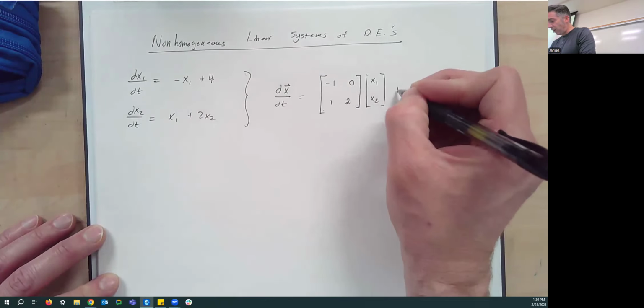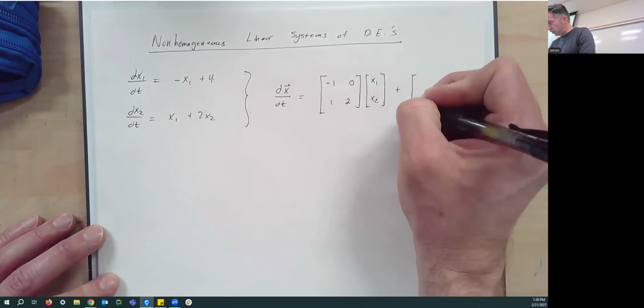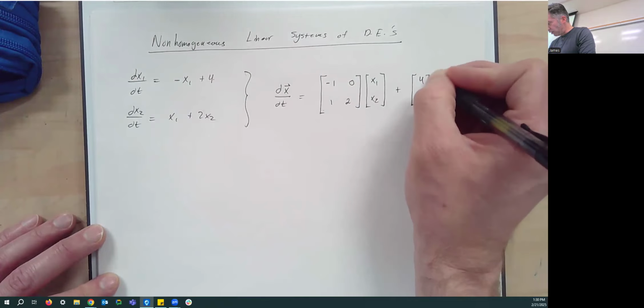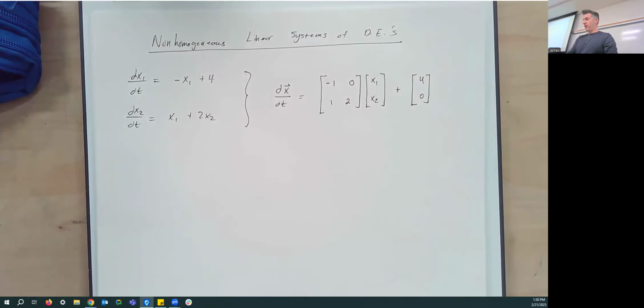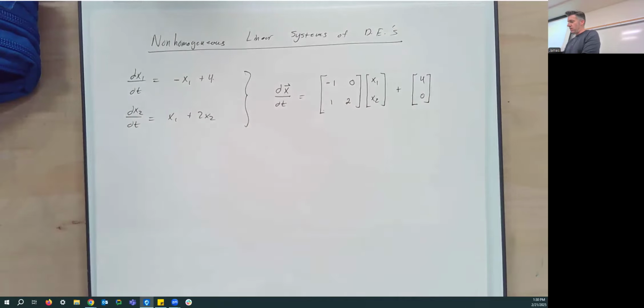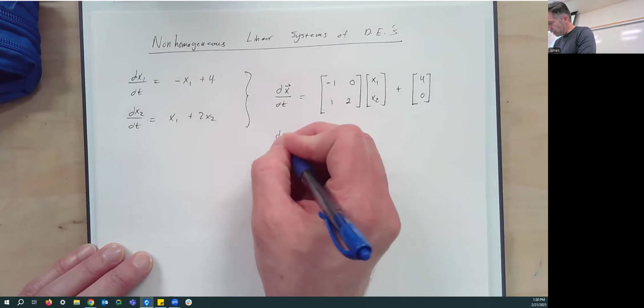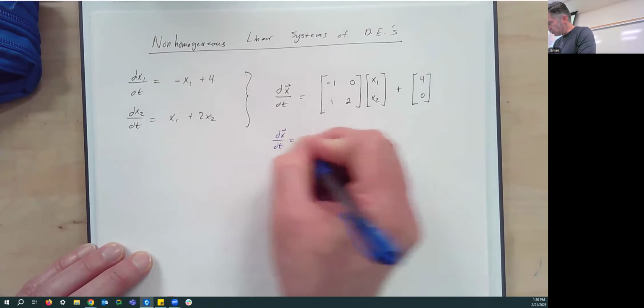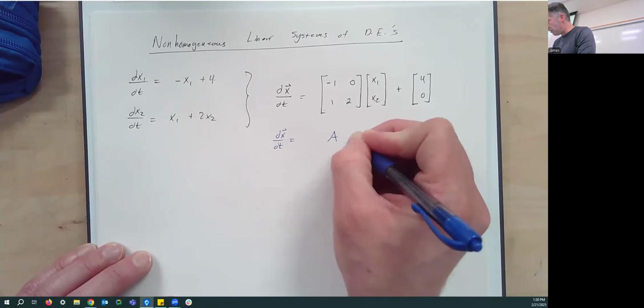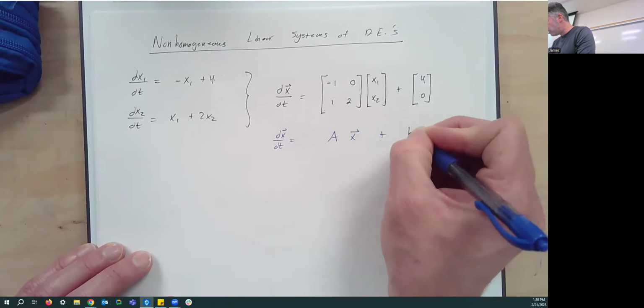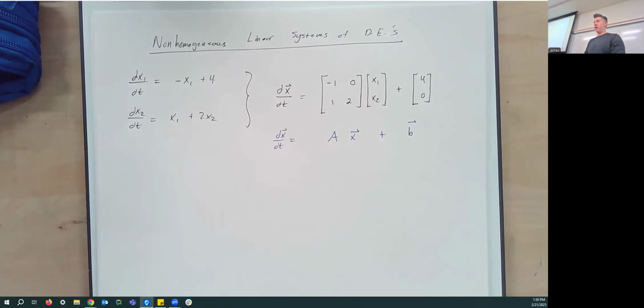So we're adding on essentially the non-homogeneous part. More generally, you can think of this as dx/dt equals the matrix A times the vector x plus some other non-zero vector b.